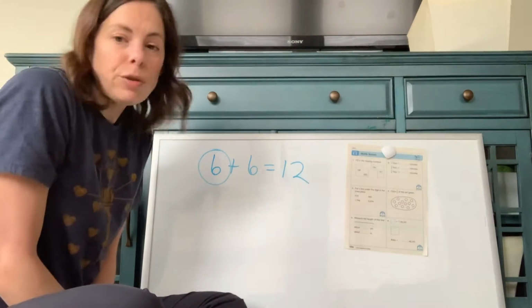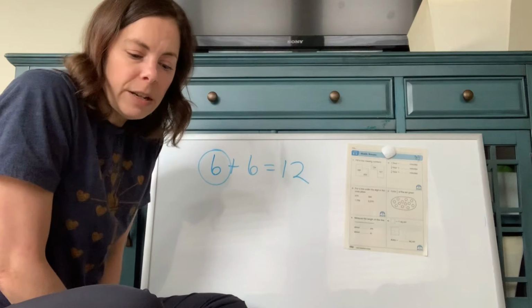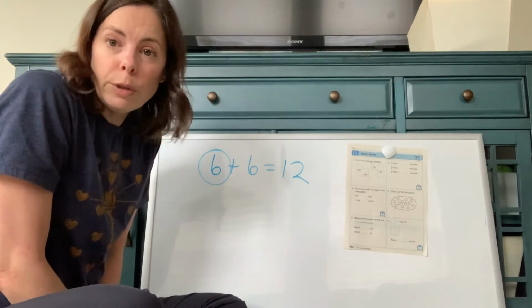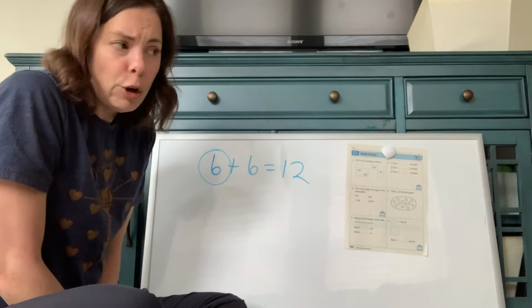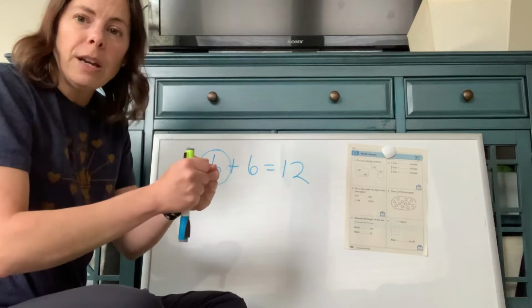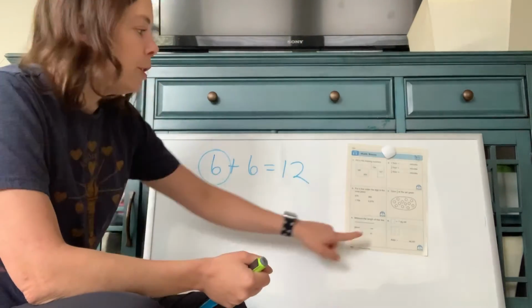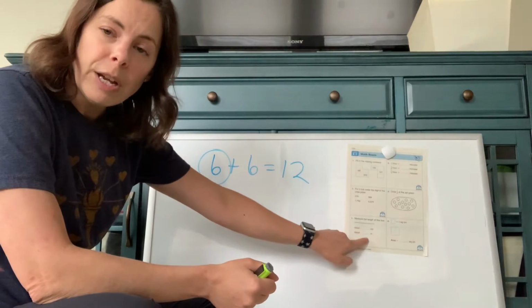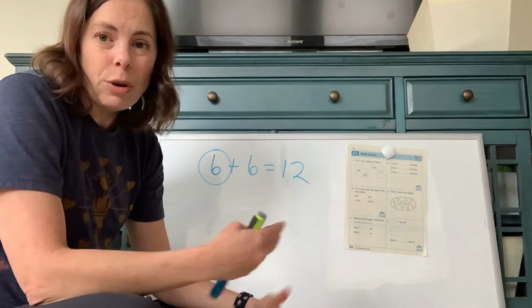Number 5, measure this line. You should have something to measure at home. We haven't had any measuring come up yet. A ruler would work, a measuring tape for like if mom or dad sews, a metal measuring tape for if mom or dad builds. You're going to measure this line in centimeters and in inches. They're not going to be the same. And your ruler's going to look different because you're at home and not at school.